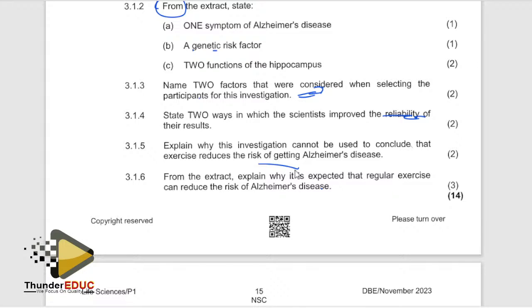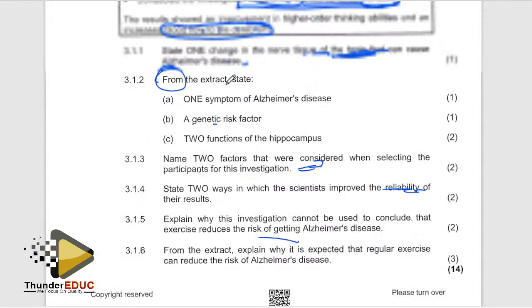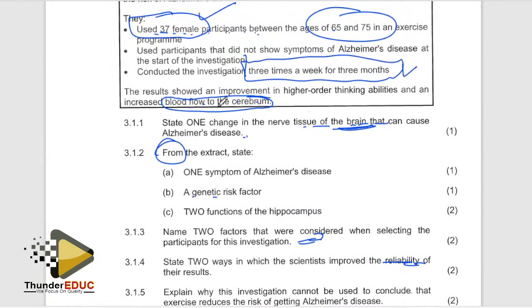It can reduce the risk because it improves the blood flow. Check here. They're saying that it improves. Those show that it improves the higher thinking ability and increases blood flow.